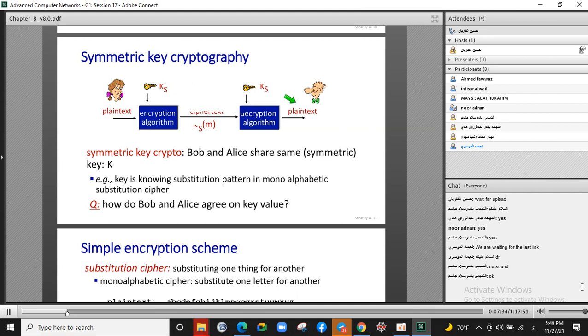So when we are talking about symmetric key cryptography, it means that Bob and Alice use a shared key. There is one key, and Bob and Alice each have their copies of that key.